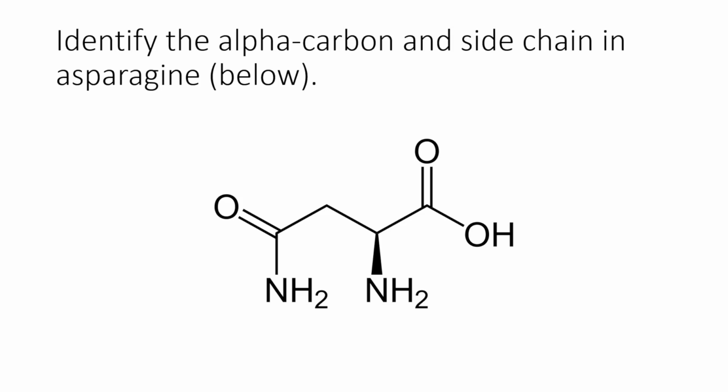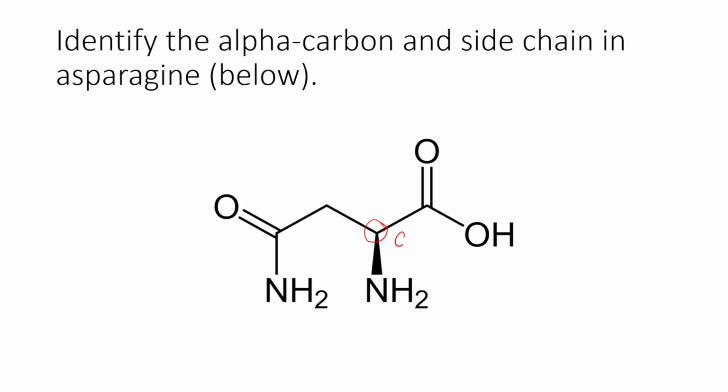Does anybody want to tell me where the alpha carbon is on this molecule? The one with the H2 sticking out? Yeah, exactly. It's kind of hard to describe, but yes, this is the alpha carbon.